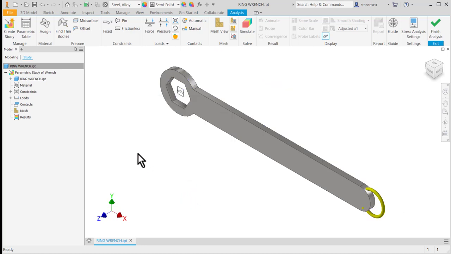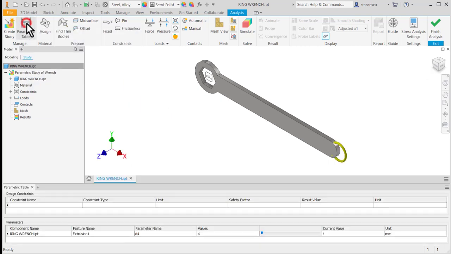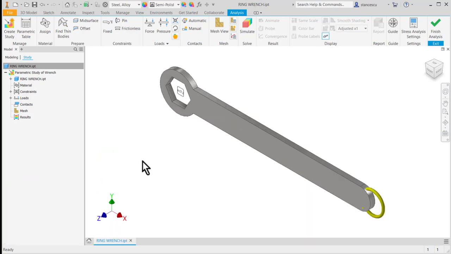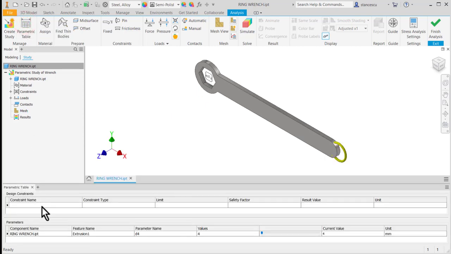Then I activate this tool to have the possibility to control what we do further. This is a table. I can close it simply and nothing happens. We observe here the parameter we chose and its value.